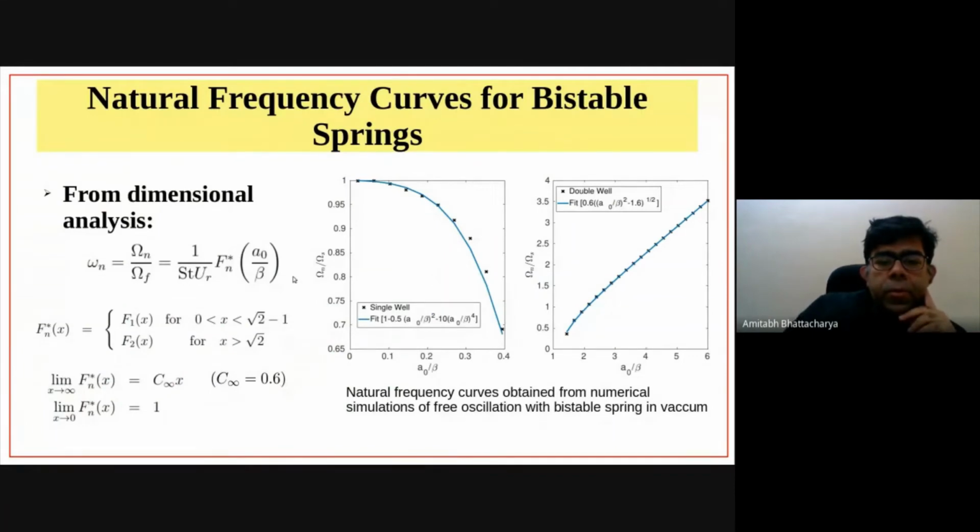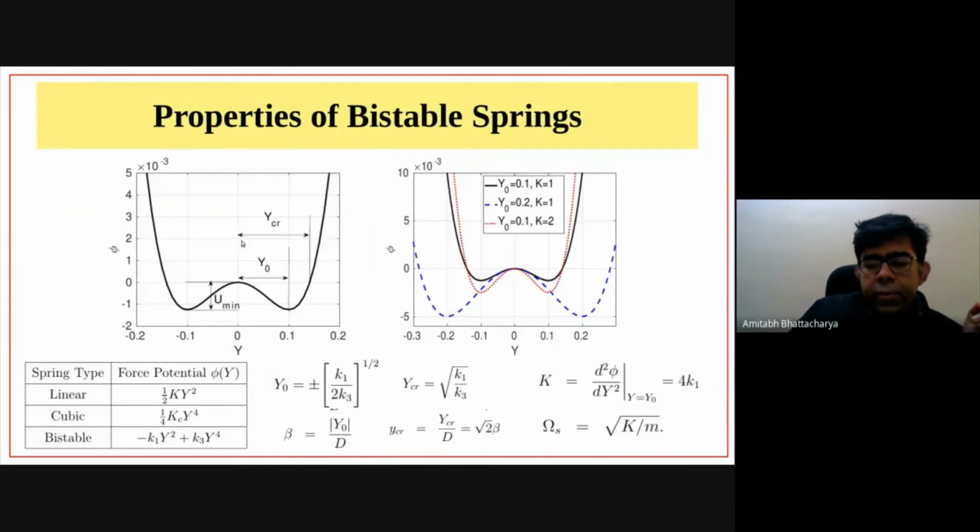So the first thing that you can do is ask the question: what is the natural frequency if my cylinder is undergoing an oscillation of some non-dimensional amplitude a naught? Remember that the natural frequency omega s here is only for very, very small oscillations around the stable point.